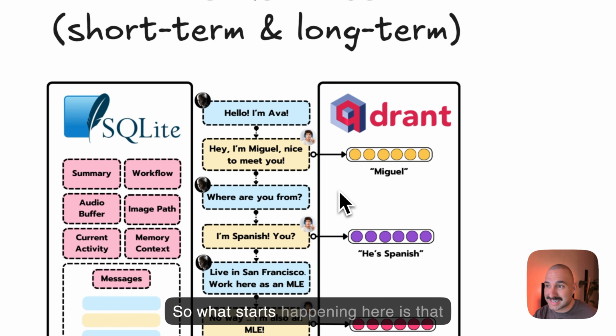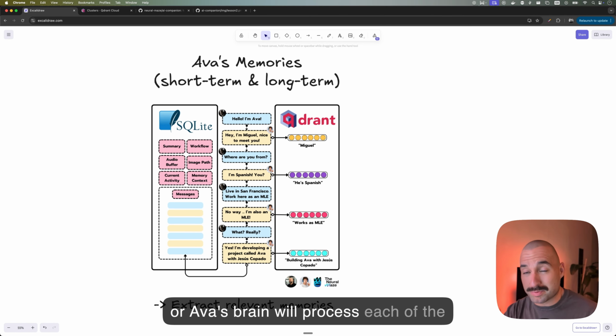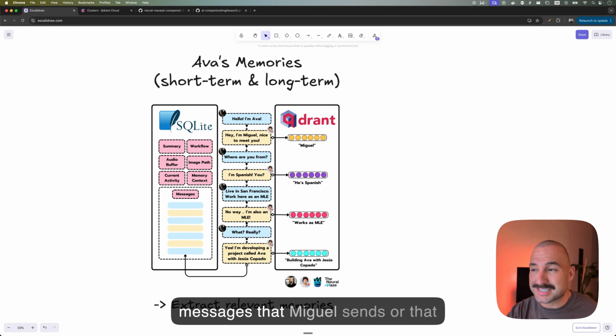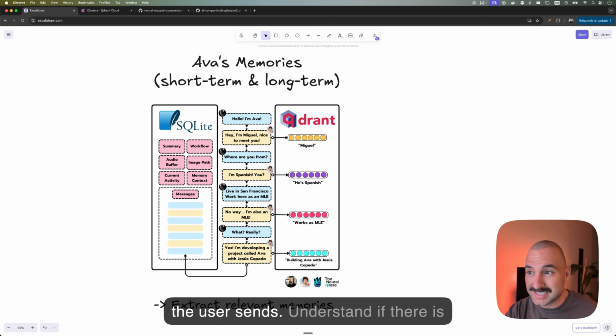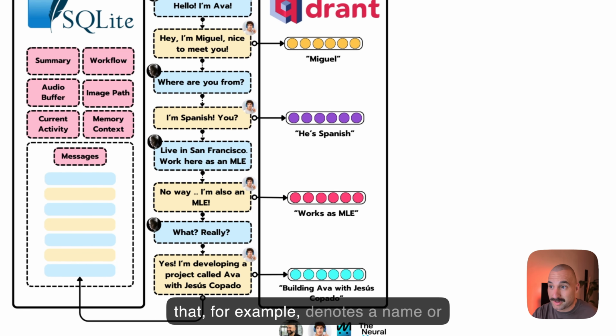What starts happening here is that Ava, or Ava's brain, will process each of the messages that the user sends and understand if there is something relevant, something that is special to this user. Something that, for example, denotes a name, or where he's from, or what his profession is, or what he likes to do, or what he is doing right now in the moment.